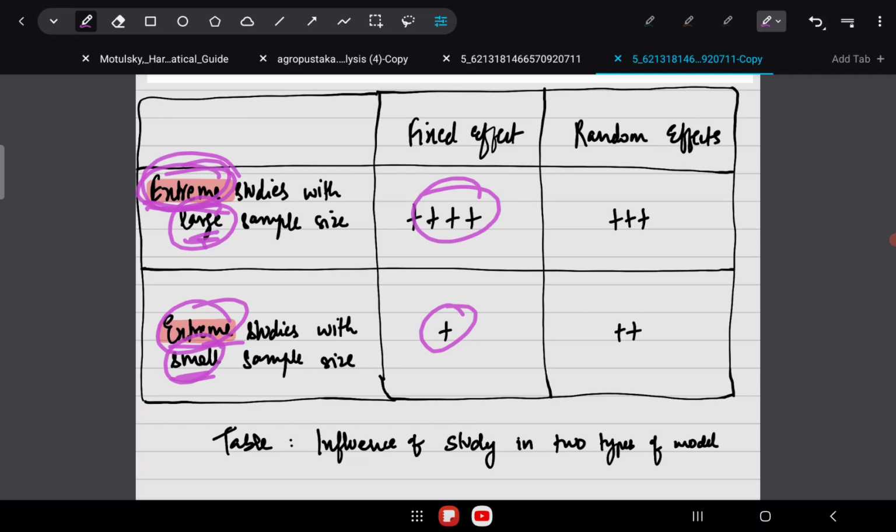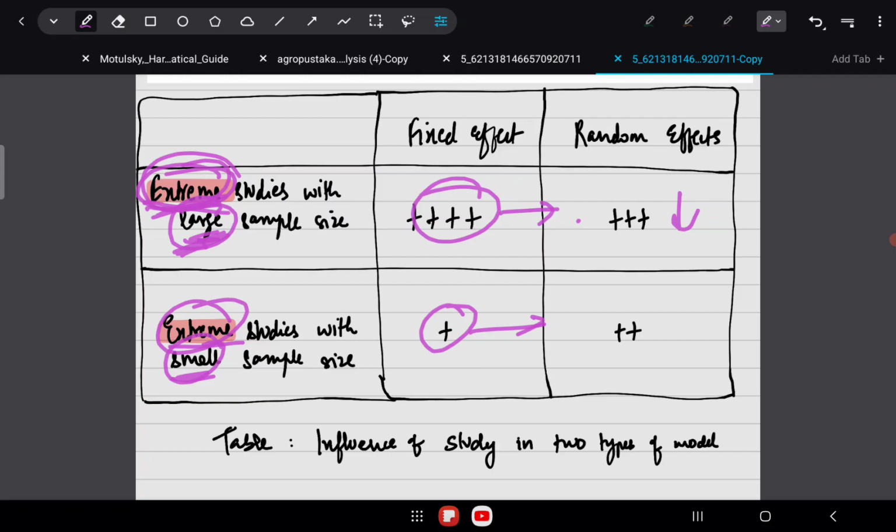But when we convert this into a random effect model, those studies which are extreme and have a large sample size will become relatively less important. As I told you, the weights become more balanced as we go from fixed to random effect modeling. So its relative importance will decrease as compared to fixed effect modeling, right?